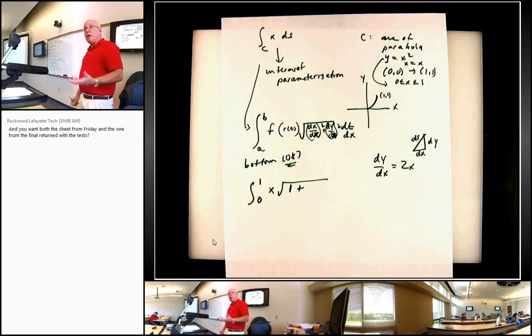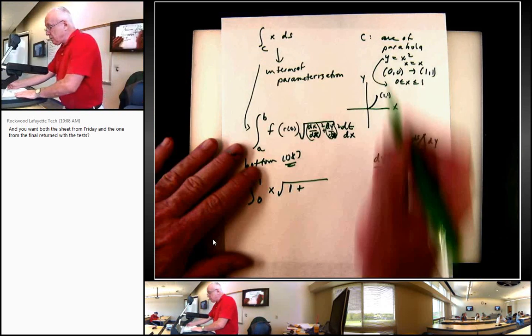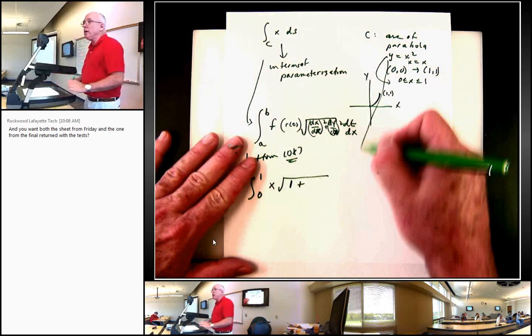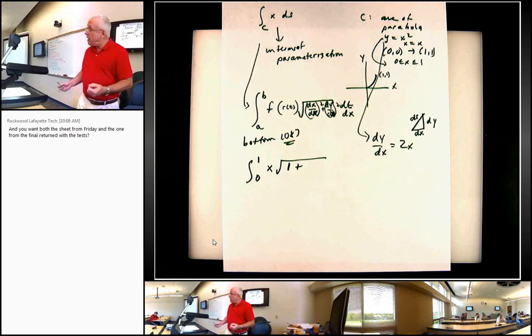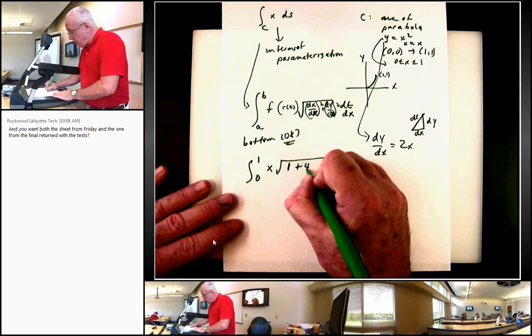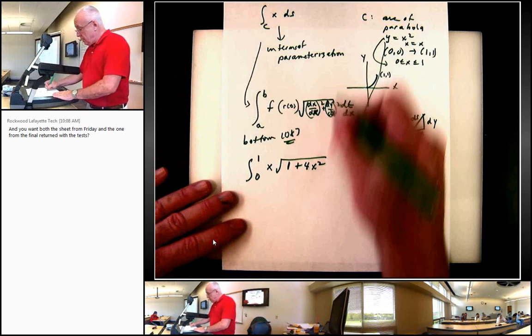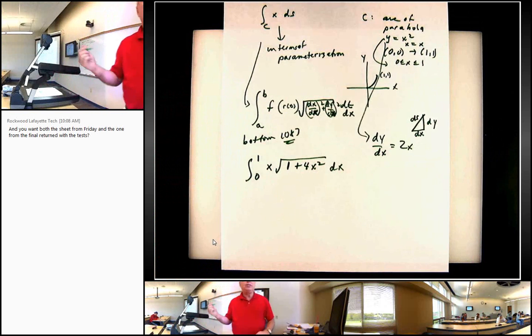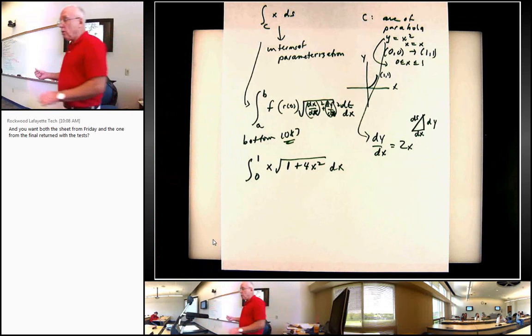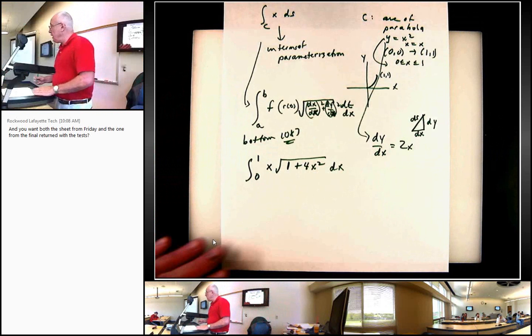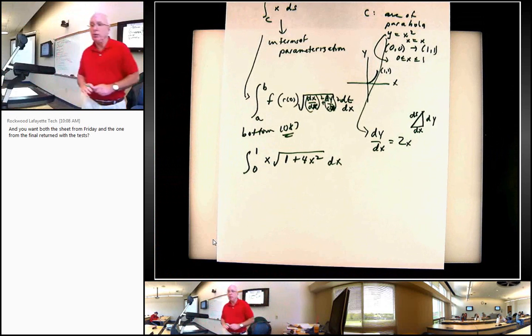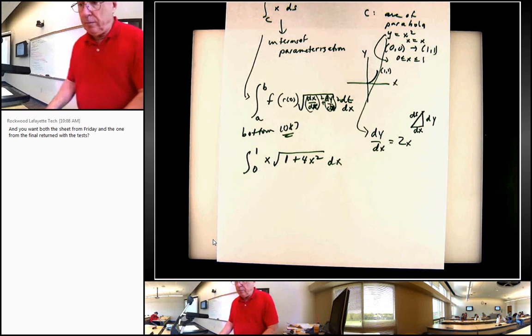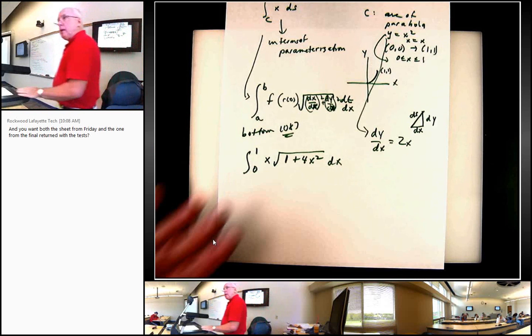Because y is equal to x squared, so dy/dx is 2x. We square that, and that's 4x squared. And then we have our dx. This is similar to the problem that we just worked, where you do a u substitution, and you will work the problem. Okay, and I won't go any further with that. All right, but that's setting it up.